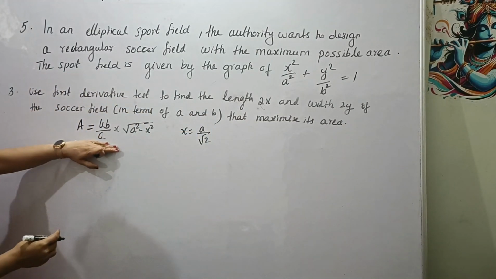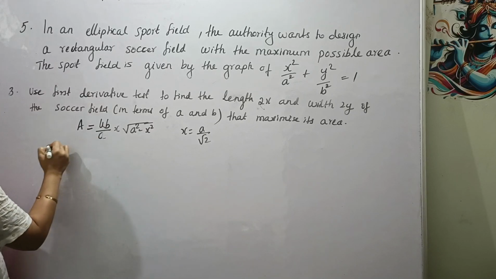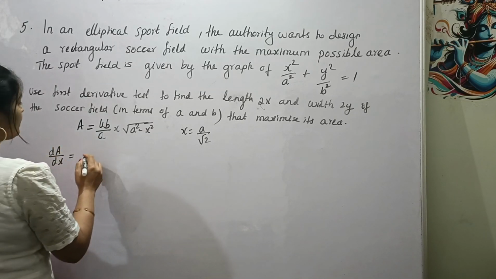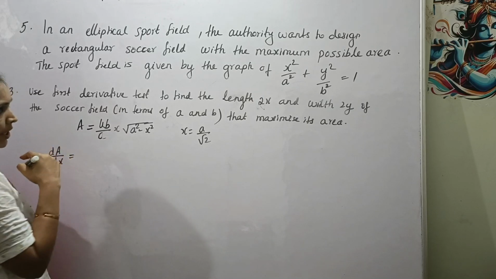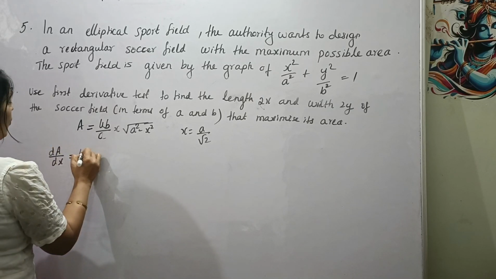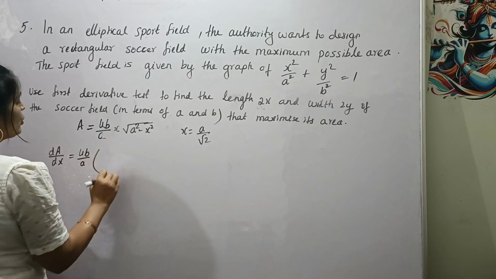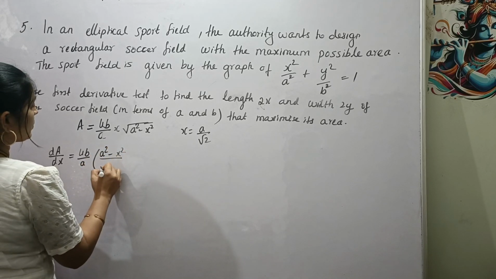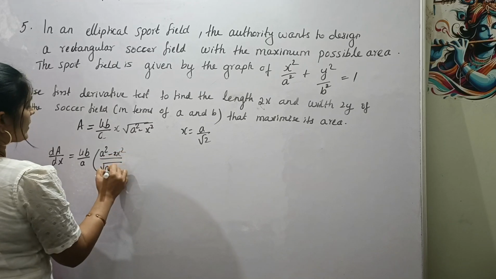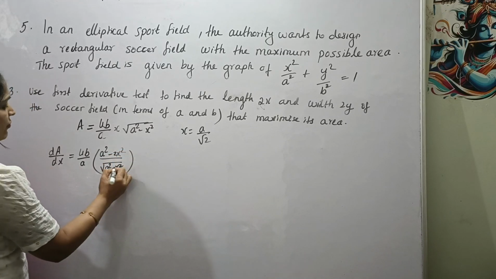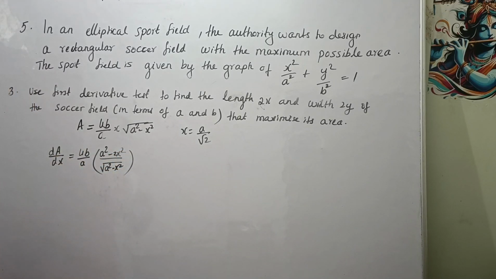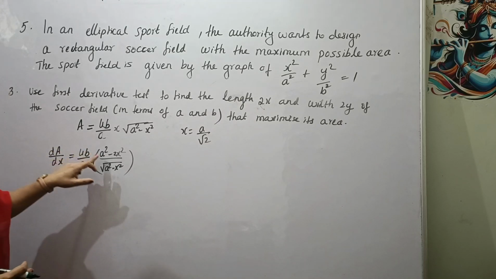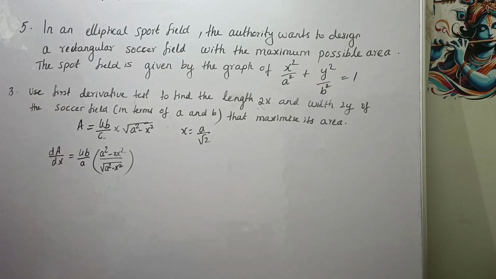And here, what is dA by dx? We have already found it in the last question. dA by dx is equal to 4b by a into a square minus 2x square by root of a square minus x square.